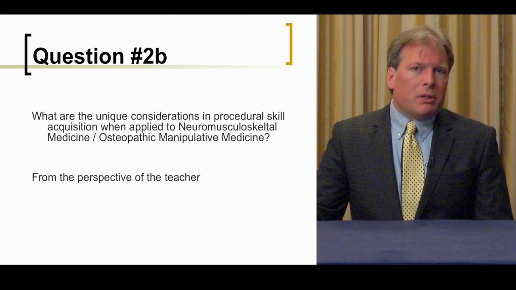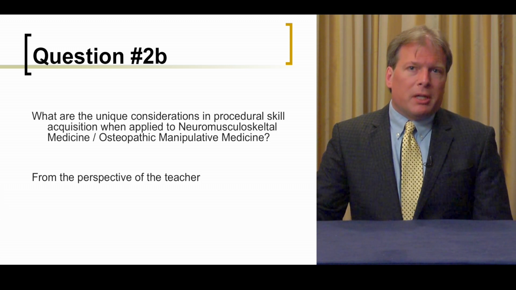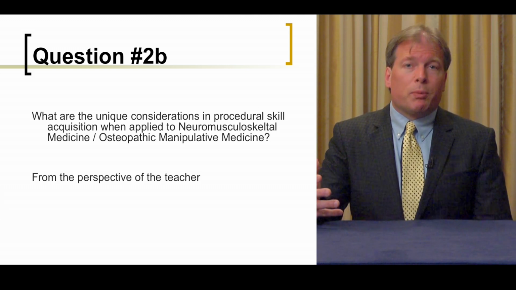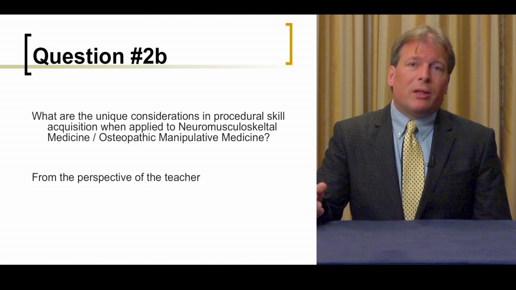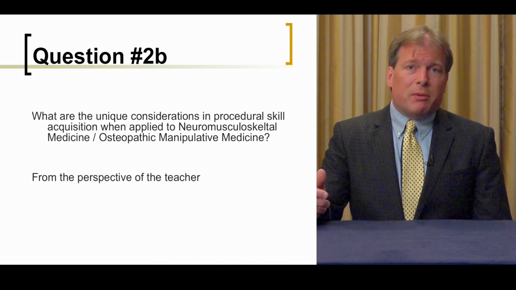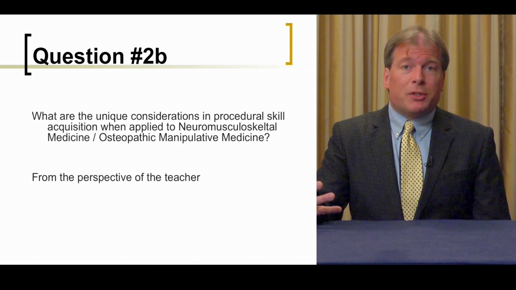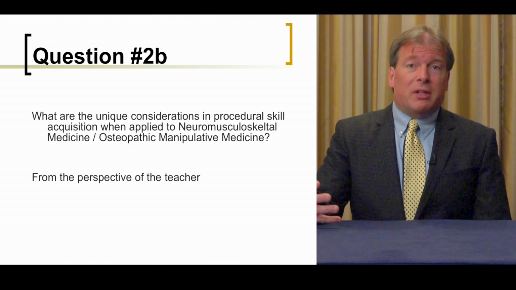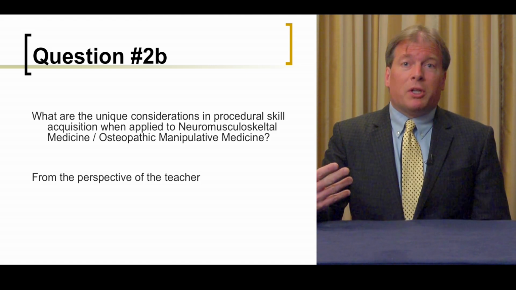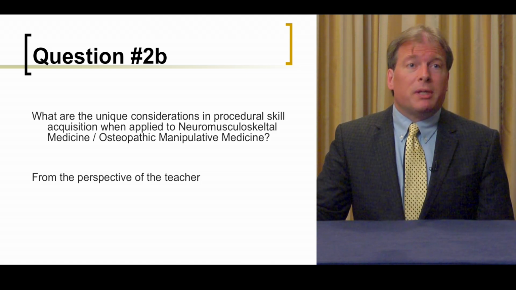When we look at the student, we're looking at an individual that may be new to a technique or new to an approach. When we look at the instructor, we may have someone that has expertise, or may be more of a novice themselves in a procedure, but even an expert is not certain what the best ways are to approach and to be effective at this.